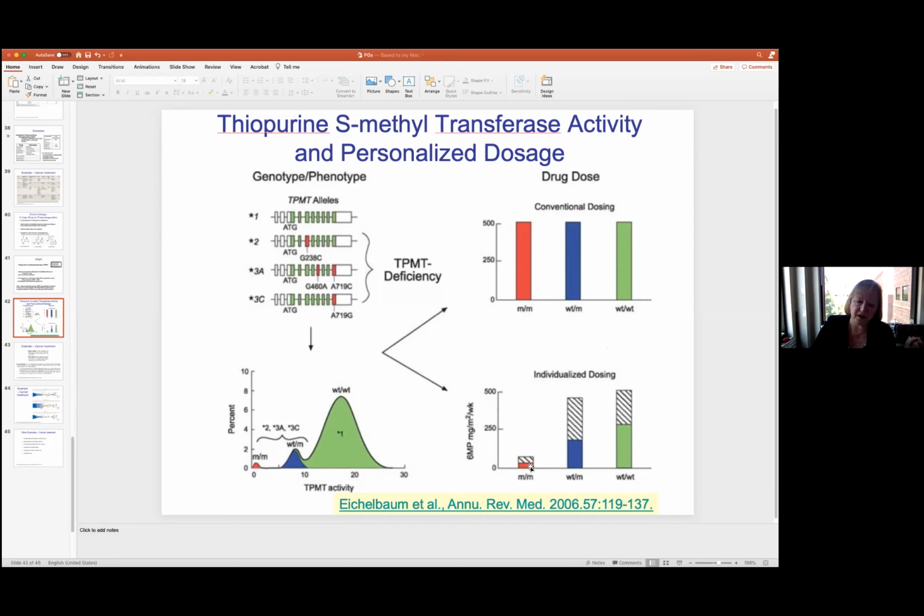So this is mgs per meter square per week, and we're down in the 20 range as opposed to 250. Whereas a person who's heterozygous now, you may be up at 200. And a person with a wild type, you may have somewhere around 250 as your dosing regimen.